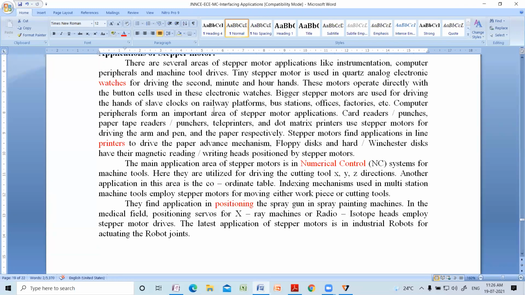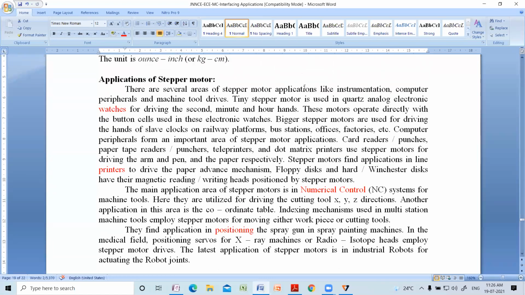In the medical field also it is used, in X-ray machines. And as I told you, industrial robots are normally driven by stepper motors.